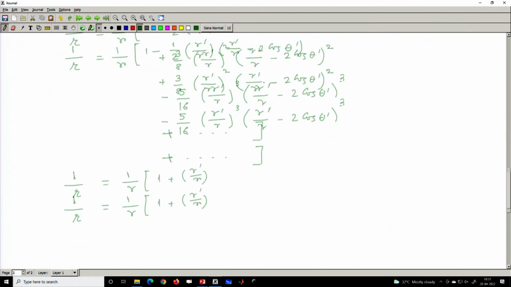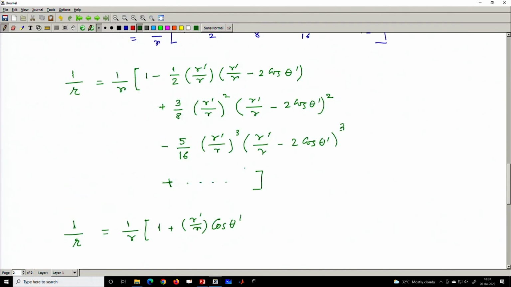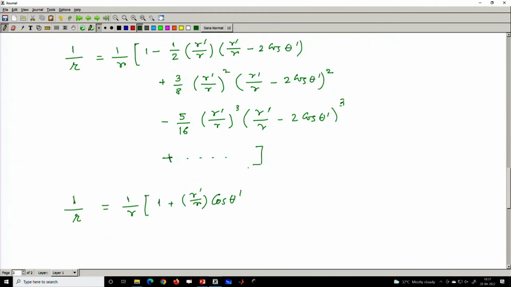So, first order is cos theta, so I should have simply cos theta prime. Then I gather all the terms associated with cos squared theta, and then I should have a term like plus r prime divided by r squared, because the cos squared theta is sitting here.